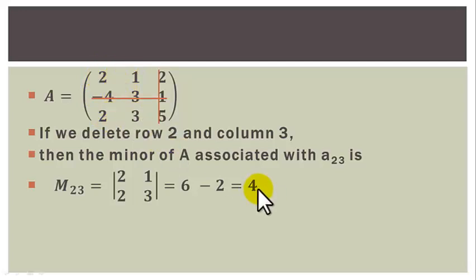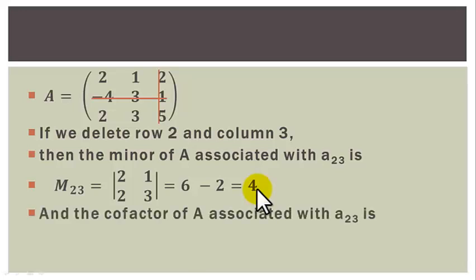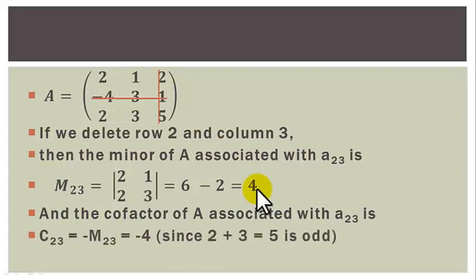And that determinant will give us 4. And the cofactor of A associated with A23 is C23. And C23 is equal to minus M23, since 2 plus 3 is odd. And minus M23 is equal to minus 4.